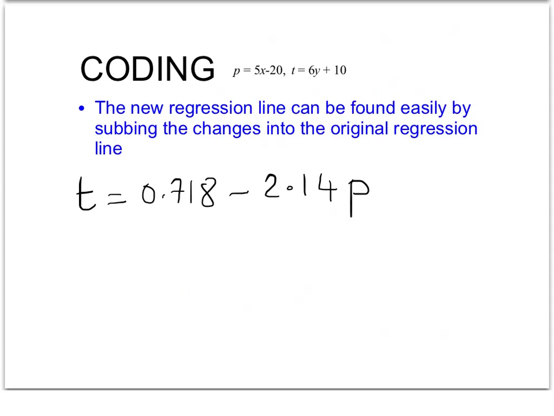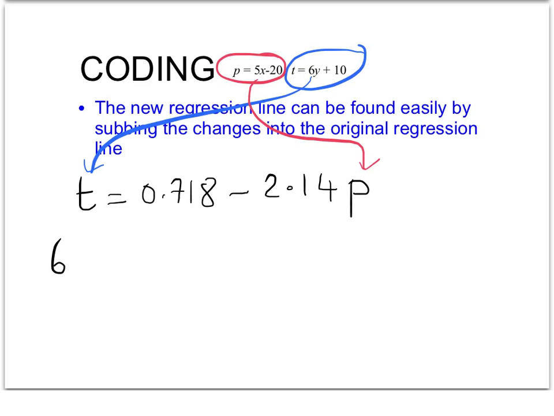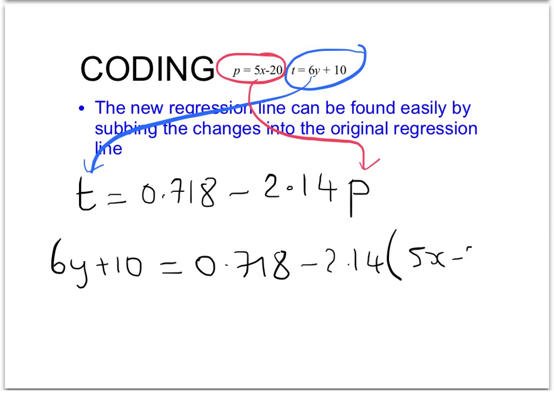It's ever so easy to find the new regression line. We literally just take this information and put it in to the regression line. So the P information goes in here and the T in there. So we'd get 6y add 10, that's T, equals 0.718 minus 2.14p, which is 5x minus 20.